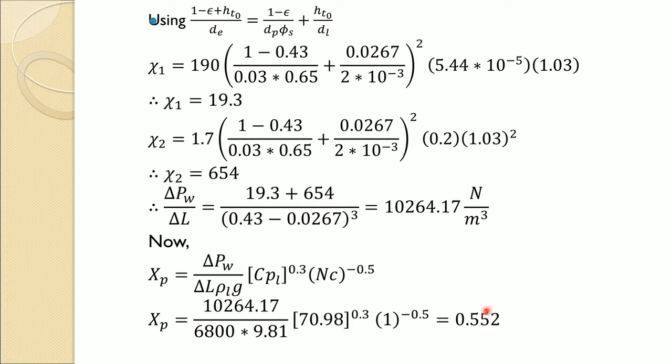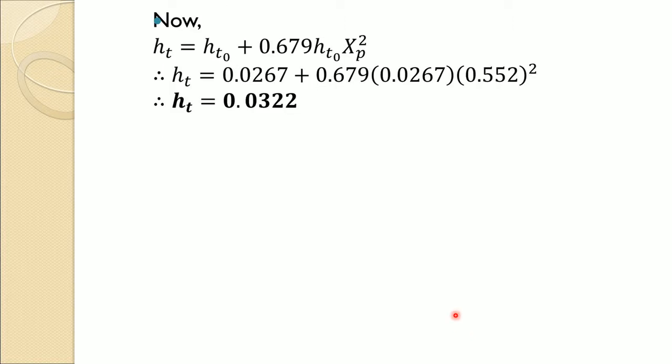And now, this x p we can put in the total liquid Holdup equation, which, as we have seen, says the total liquid Holdup in presence of air is equal to the total liquid Holdup in absence of air plus this term. Now, x p we have calculated, and the total Holdup in absence of gas we already know from the previous example.